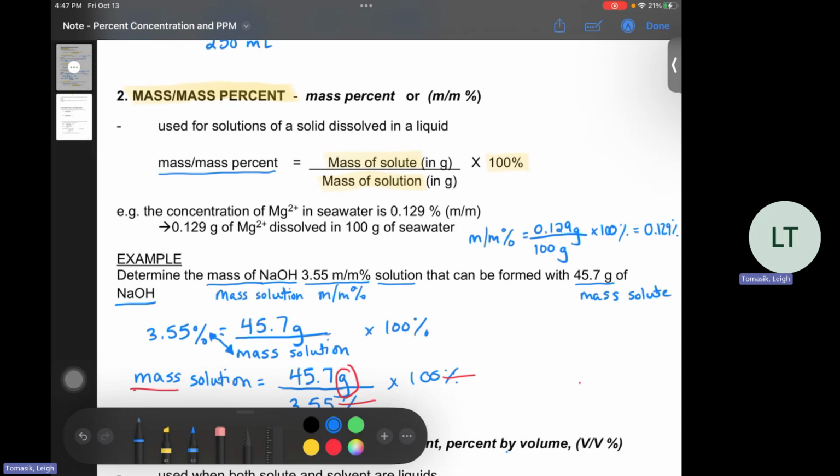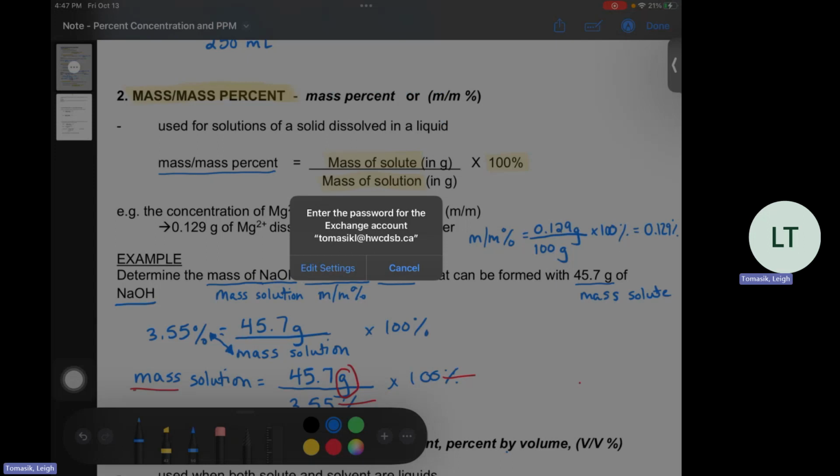So in my calculator, I'm going to go 45.7, and then I'm going to divide by 3.55, and then I'm going to times by 100.